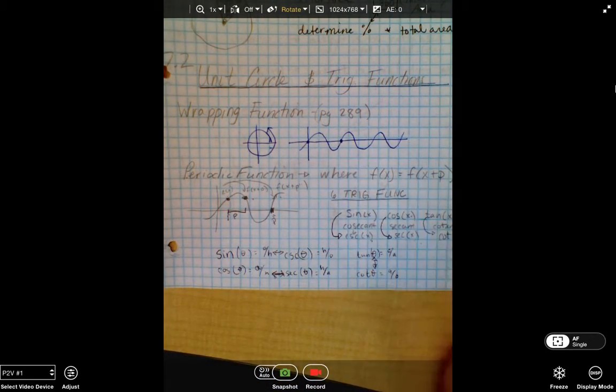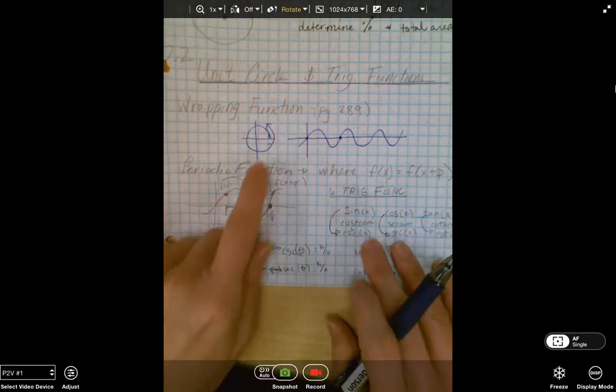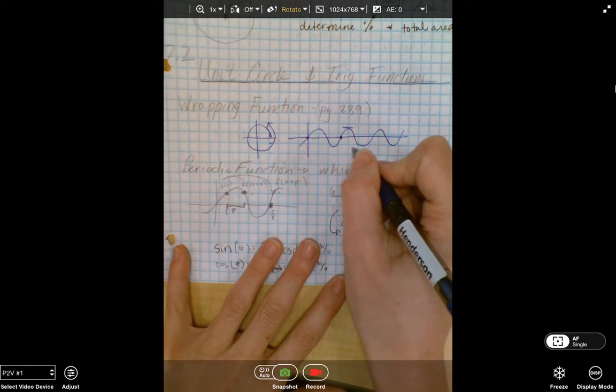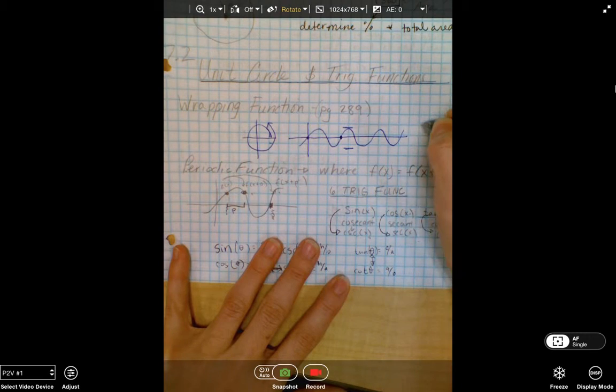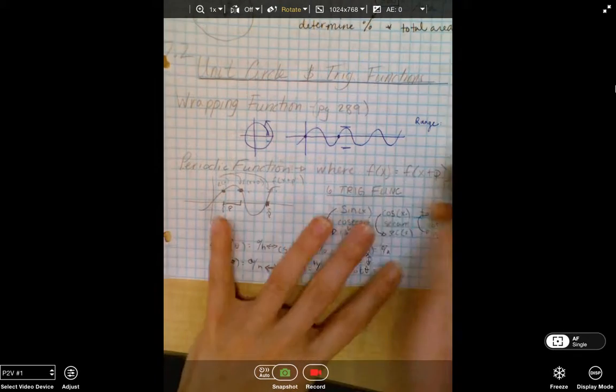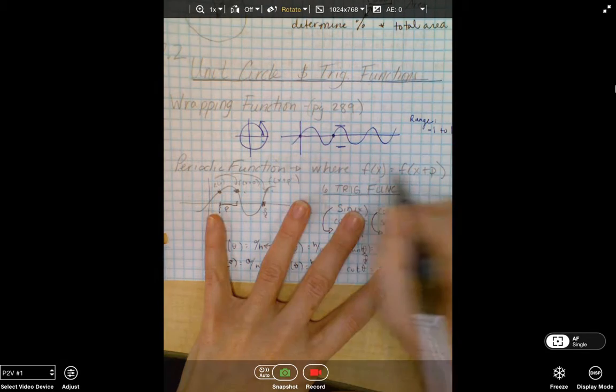Okay? There's different features to these kinds of graphs. One of the features of this graph is how tall our graph is, what is our range. Okay? And on the parent function for sine, cosine, the range is always going to be -1 to +1.